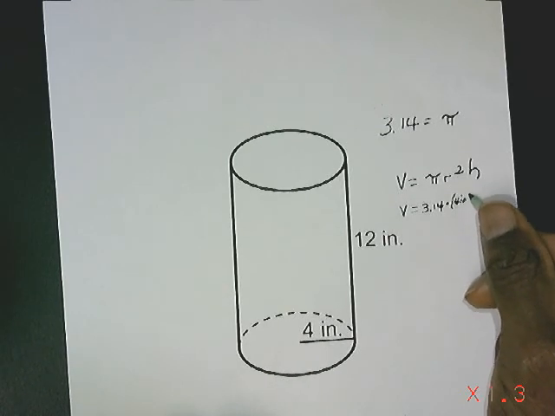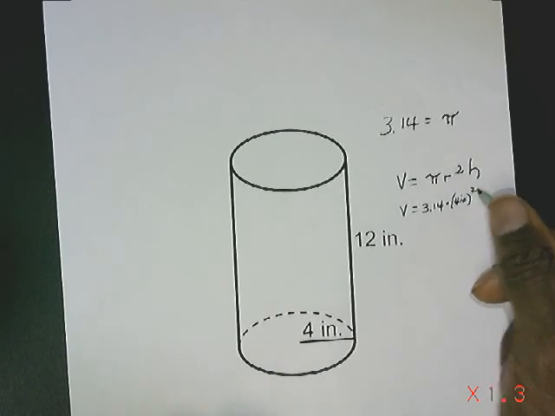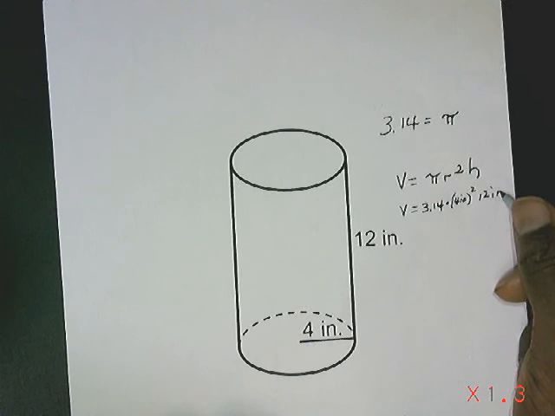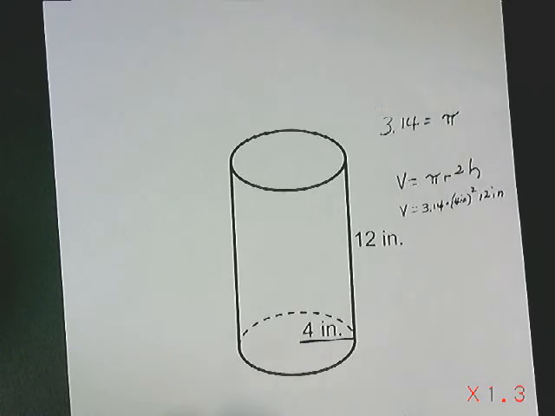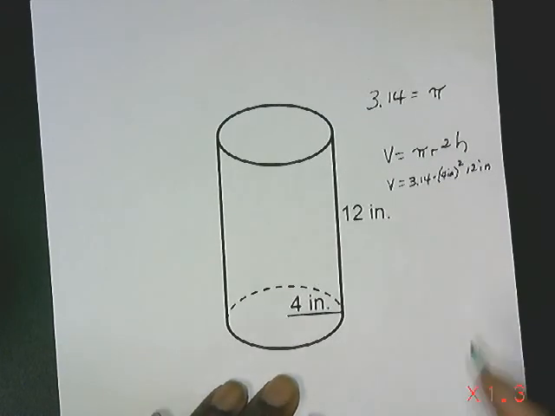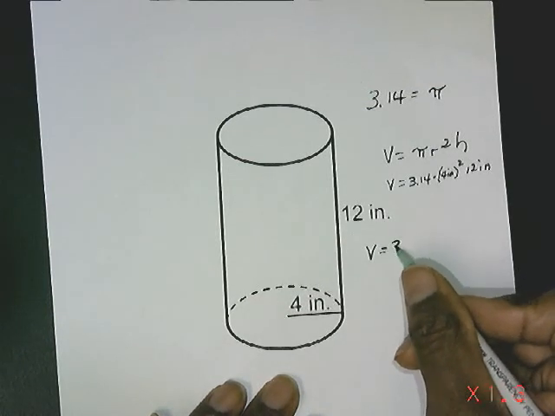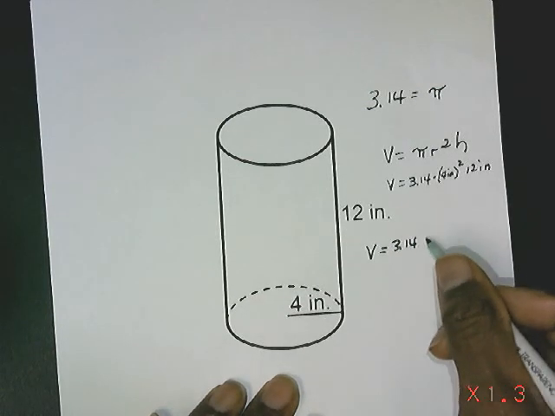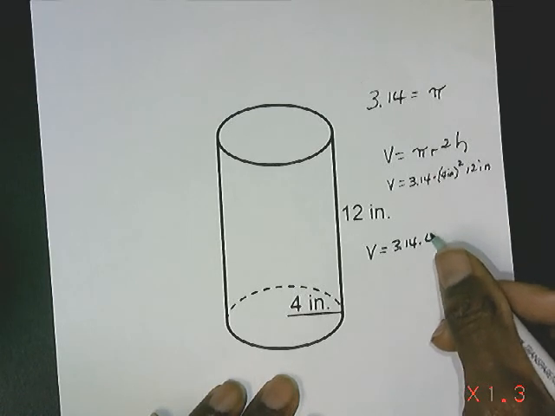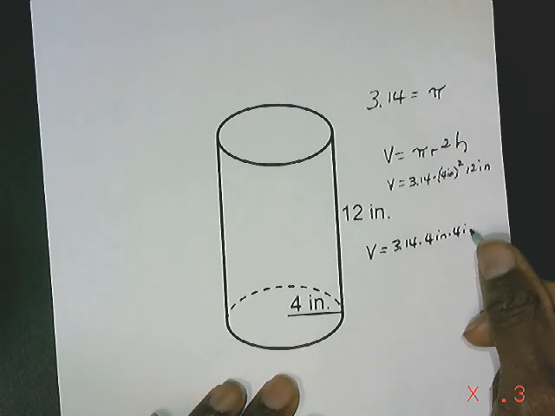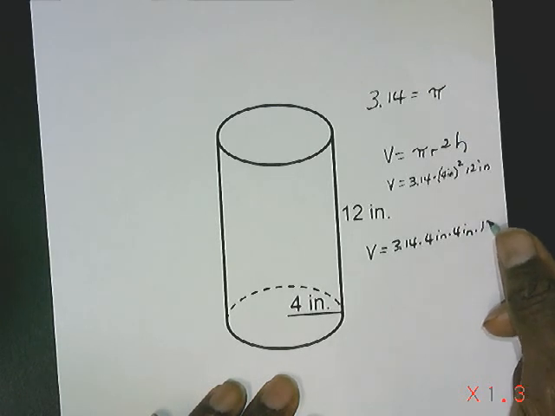And I'm going to put this in parentheses because I'm going to square it, times 12. Now, another way that you can do this, I'm going to skip down. V is equal to 3.14 times 4 inches times 4 inches times 12 inches.